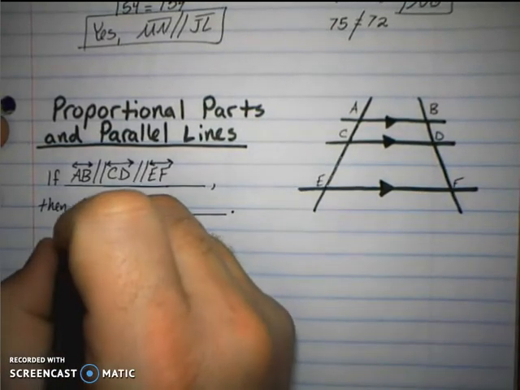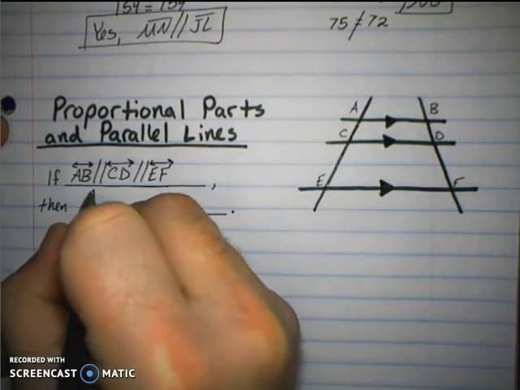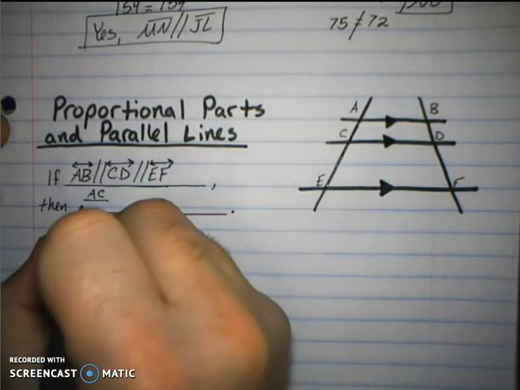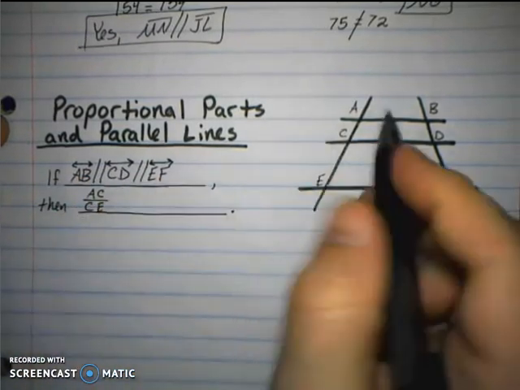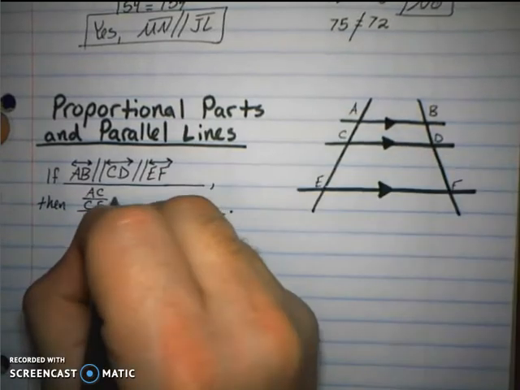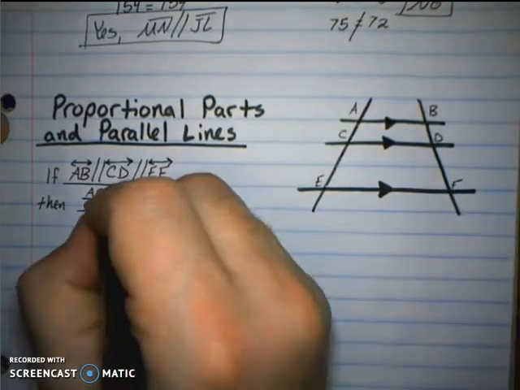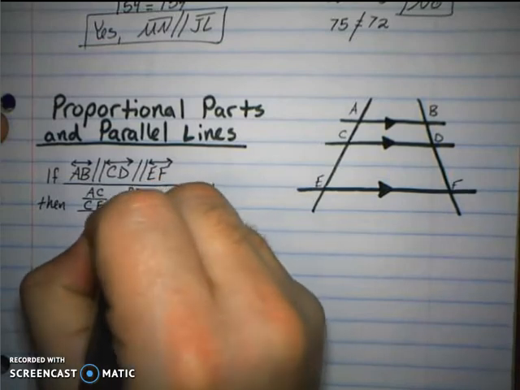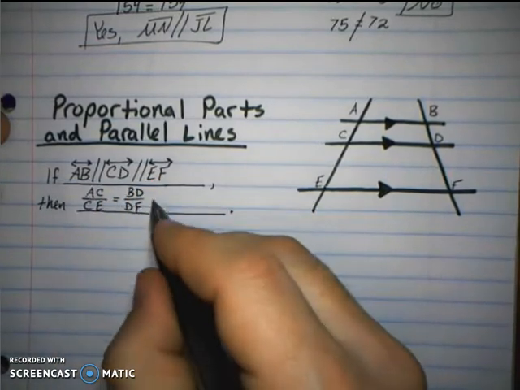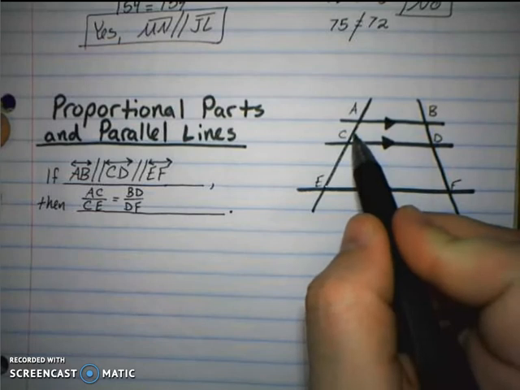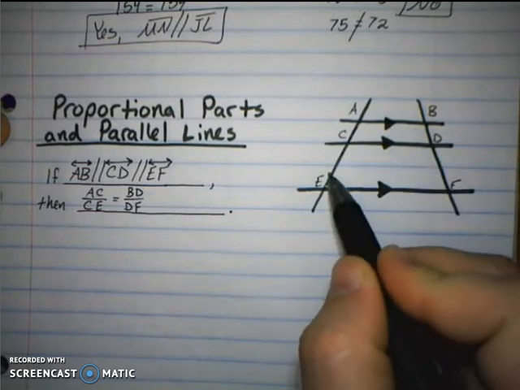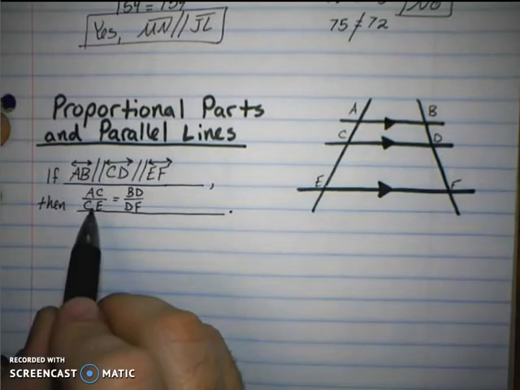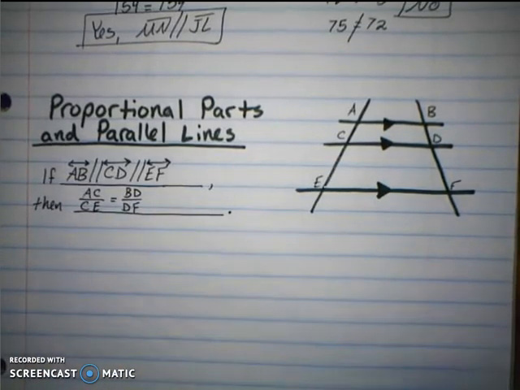So we can write a proportion. We can say something like AC over CE has to equal BD over DF. Now, there's multiple correct proportions we could write. I could say AC over BD equals CE over DF. Okay? I could switch some of these around, but that's the same general idea.